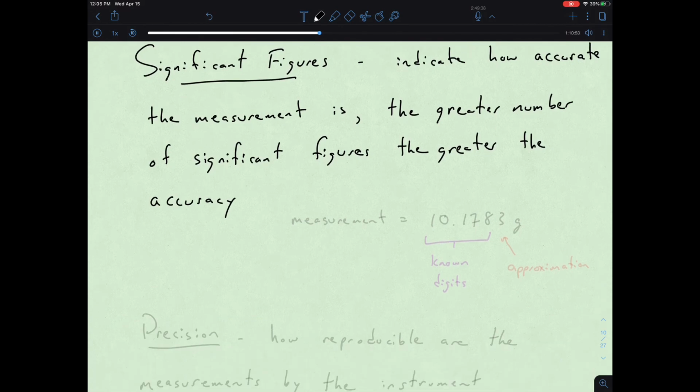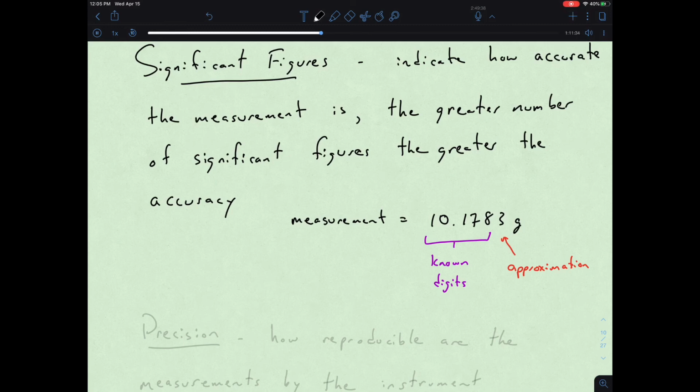So when we look at a value, let's say of a measurement, there are always going to be digits that are known or defined, and then that last one on the end is always an approximation, even if you're doing this digitally.